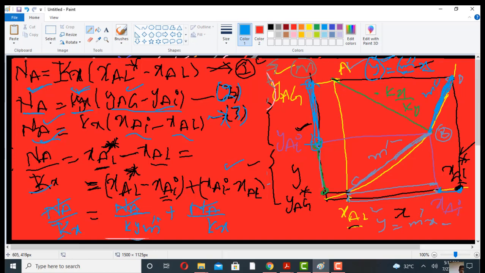So again this is the relation. This equation shows the relation between the individual and overall mass transfer coefficient on the liquid and gas phase basis.